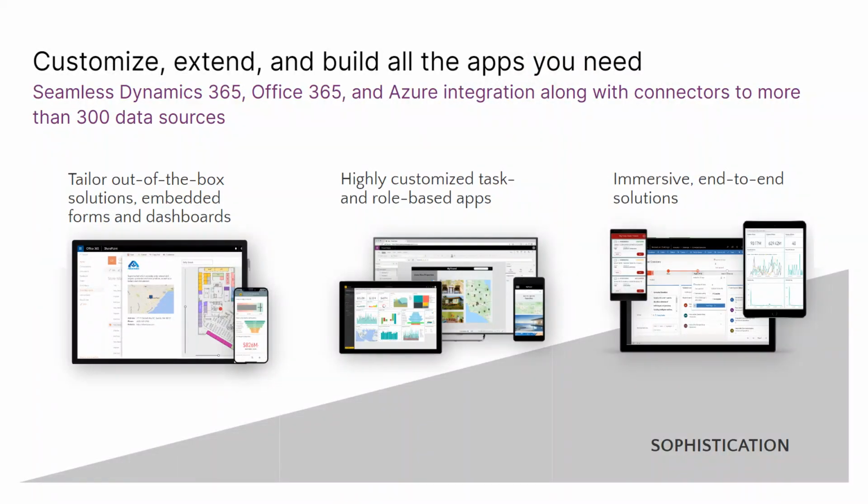Also, since it's integrated within the Microsoft 365 ecosystem, integration with Dynamics 365, Office 365, and Azure services is very easy, because there are different connectors provided, which we can use to connect with all the services within Microsoft 365.